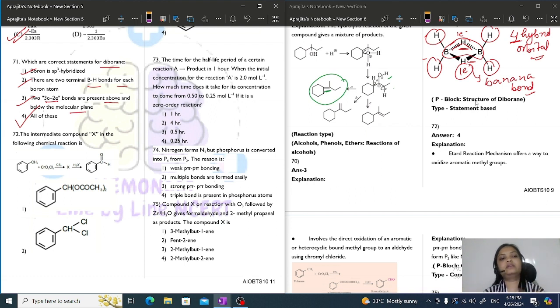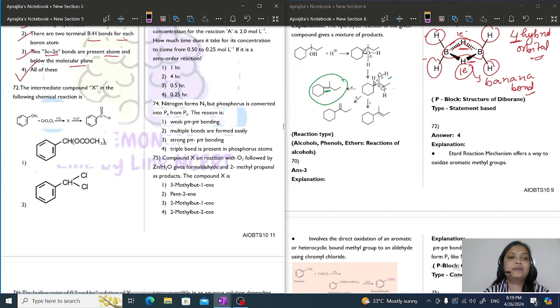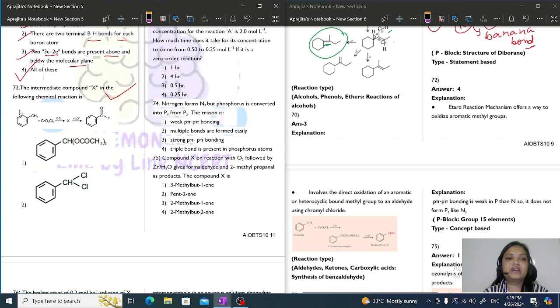So next up is question number 72. We have to find out the intermediate in this reaction. Clearly we can see that we are having toluene and chromyl chloride in the presence of CS2. So this reaction is known as Etard's reaction. This is a naming reaction.